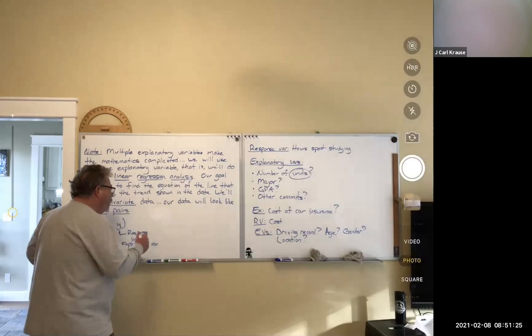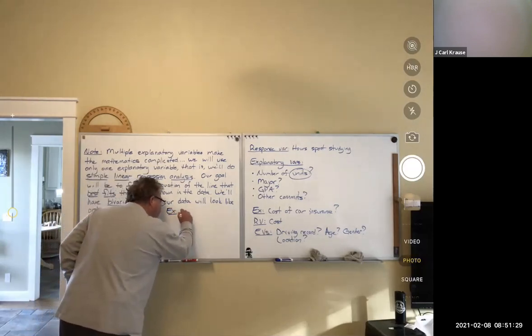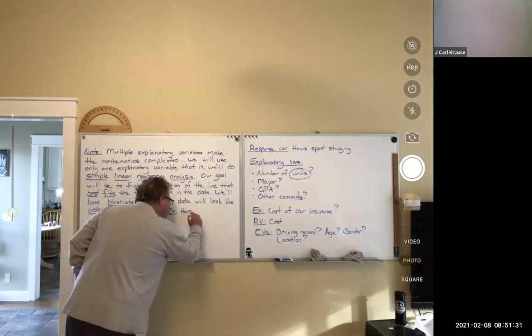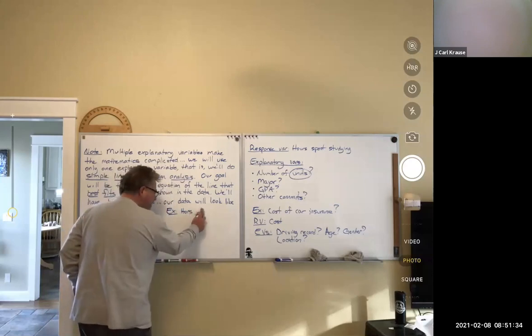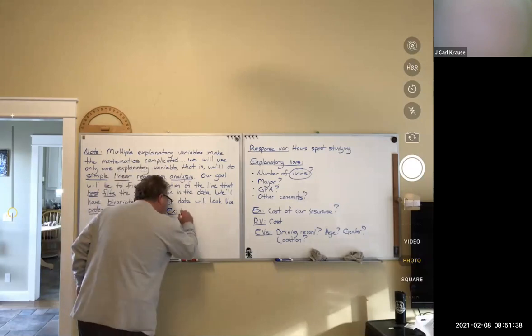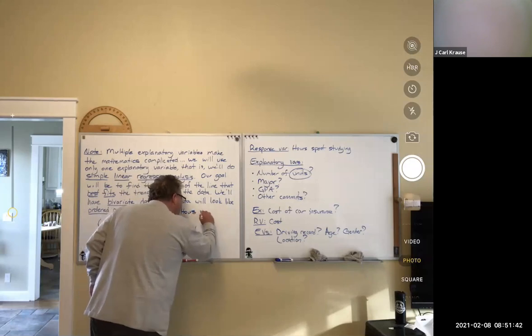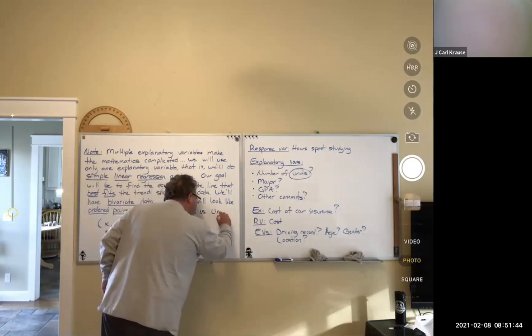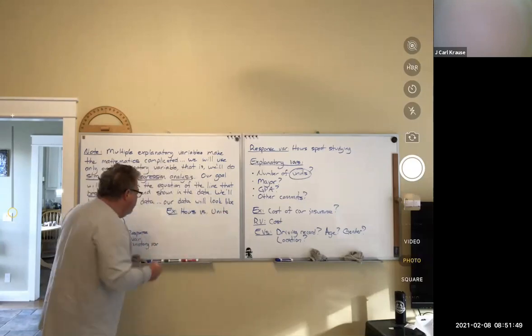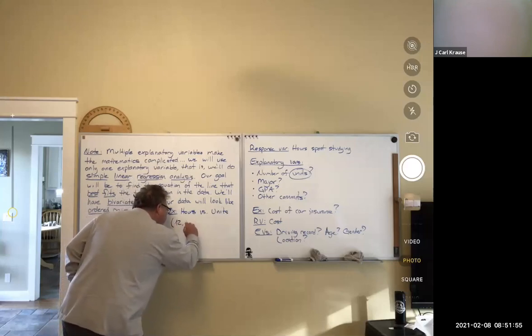So, for example, hours spent studying versus number of units. We might have an ordered pair that looks like 12, 15.